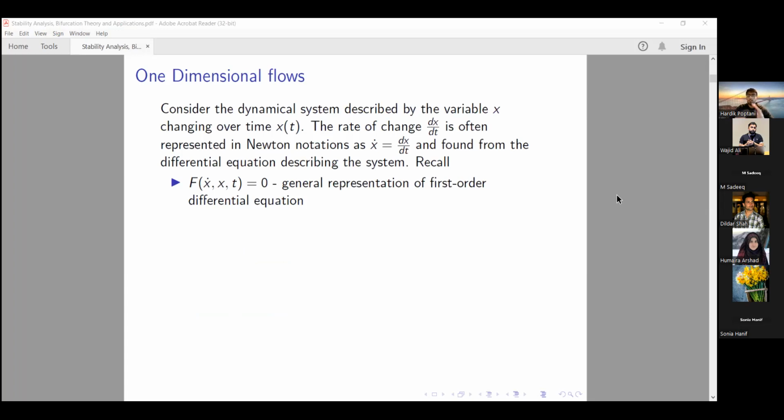I hope everyone here is comfortable with ODEs. So recall that the capital F, a function of the first derivative of x and t, which equals 0, is just a general representation of a first order differential equation.